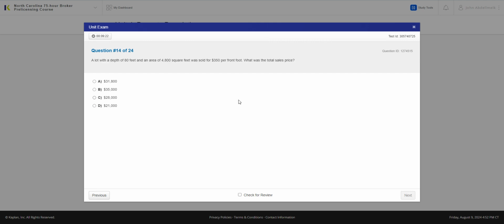And this one is basically a lot, this is number 14. This has a depth of 80 feet and area of 4,800 square feet. What does the depth have to do?